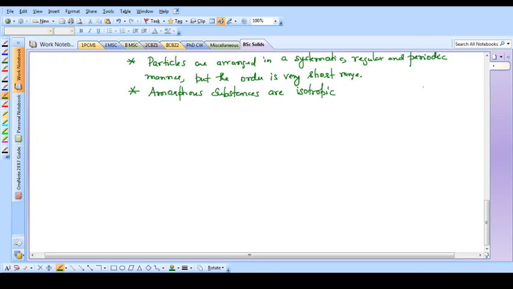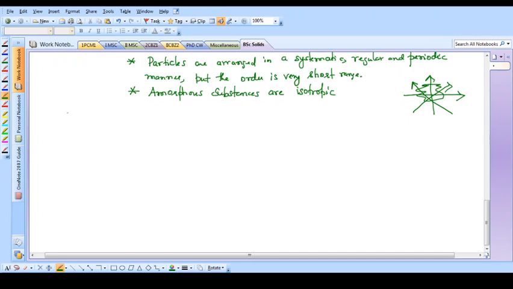What does it mean? If I have a powder sample, and I measure the optical property or electrical property or magnetic property in any direction, the value of the property will be the same. So the value of a particular property does not depend on direction, it is the same in all directions. That is the isotropic nature, and all amorphous substances are isotropic in nature, whereas crystalline substances are anisotropic in nature.